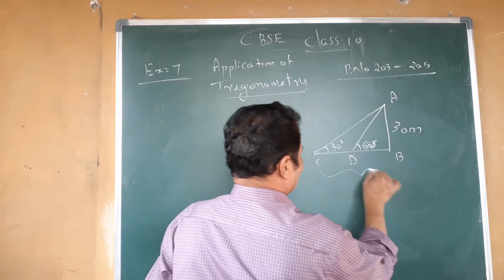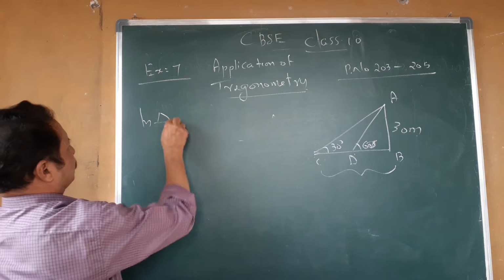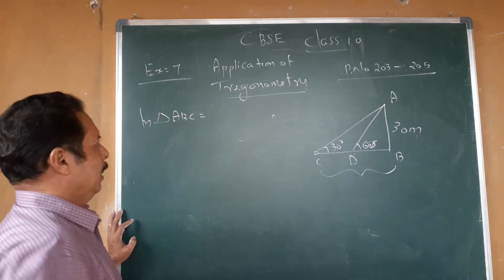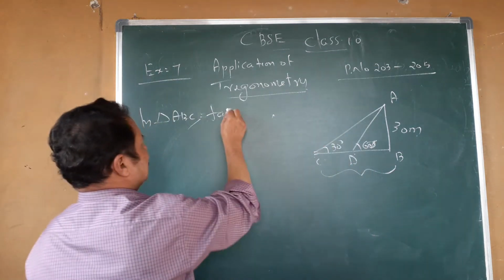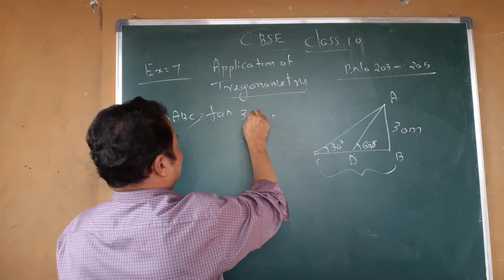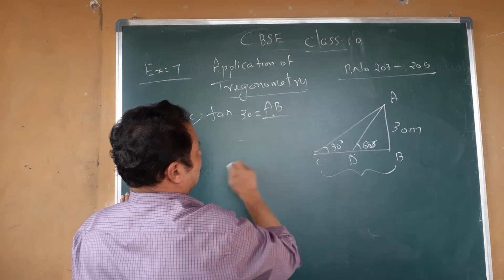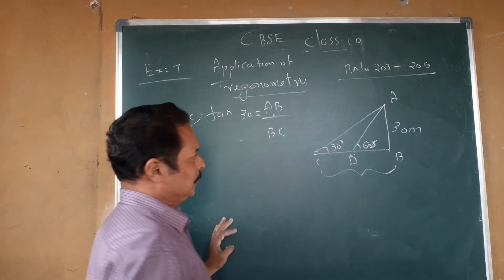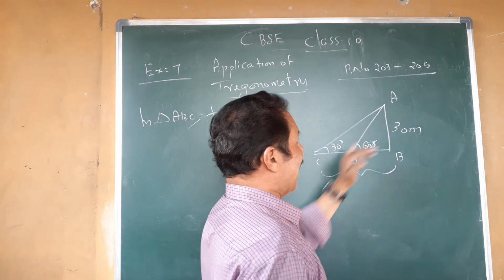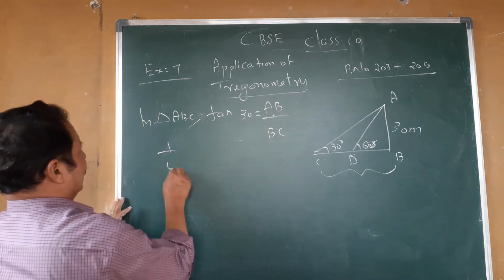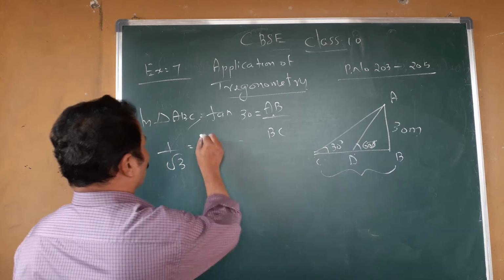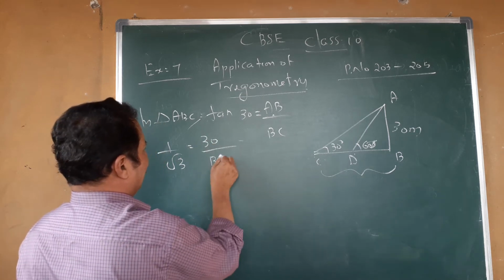Look here. First of all, you take triangle ABC. In triangle ABC, it is opposite side and adjacent side, that is tan. Tan 30 equal to opposite side AB by adjacent side BC. Height and distance means already it is tan. Tan 30 is 1 by root 3 equal to AB is 30 divided by BC.